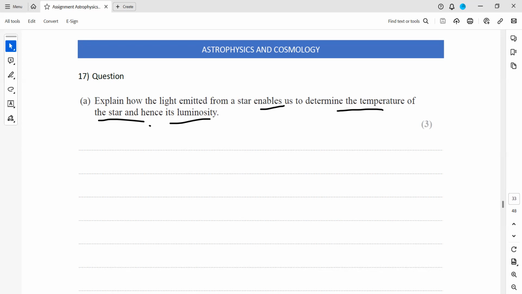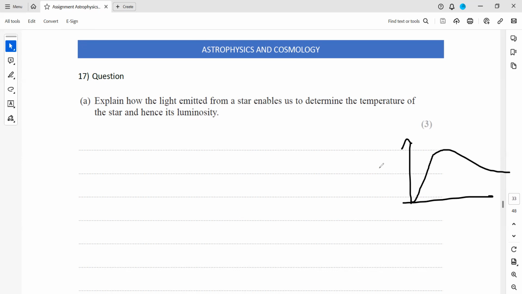So first, we record the spectrum of the star, and from that spectrum, we will work out the maximum wavelength. When we collect the result, the spectrum, the graph will be somewhat like this. And using this, the luminosity and the wavelength, which one is the maximum wavelength?